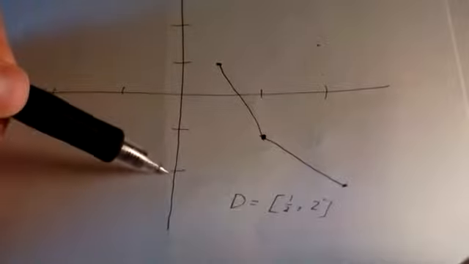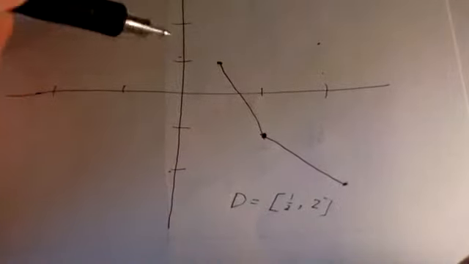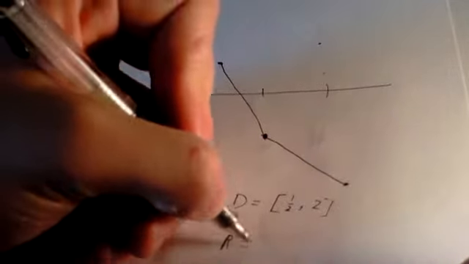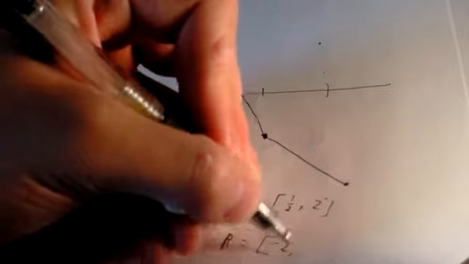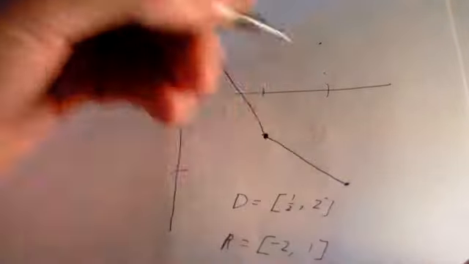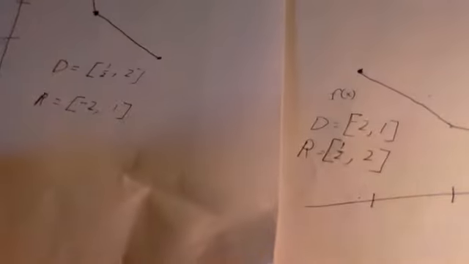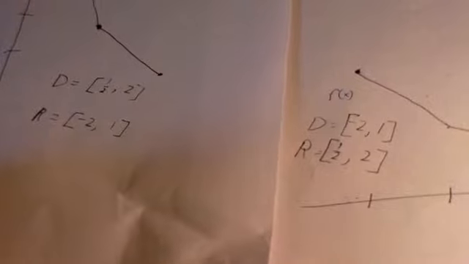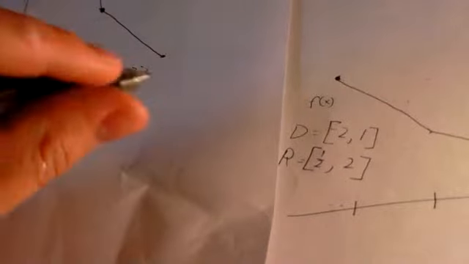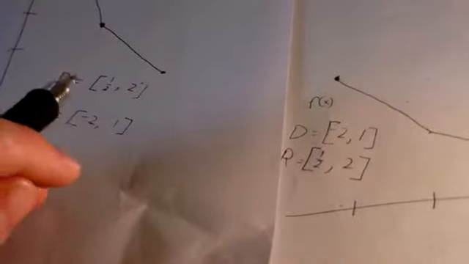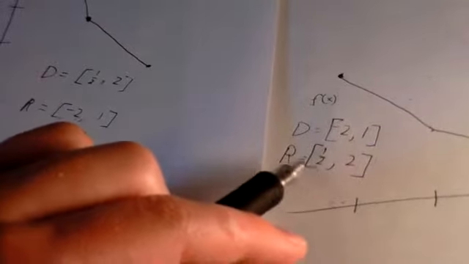And then our range goes from -2 to +1. We can see that this is exactly the inverse of what we had originally. Instead of the domain going from -2 to 1, we have the range going from -2 to 1. And instead of the range going from 1/2 to 2, we have the domain going from 1/2 to 2.